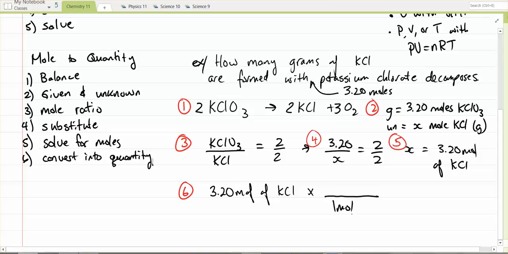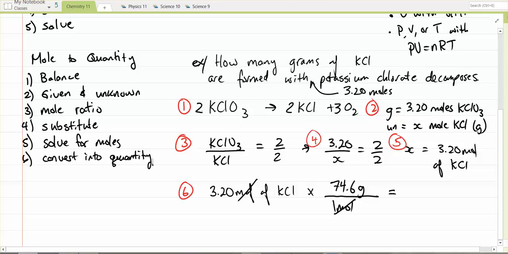Put 1 mole on the bottom to get rid of it. So potassium has a molar mass of 39.1 and chlorine has a mass of 35.5. So that gives us a molar mass of 74.6 grams. The moles cancel out, so we know we're in grams.